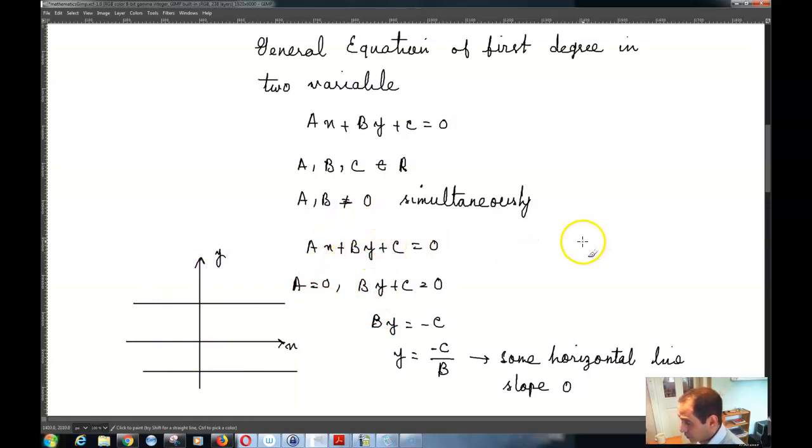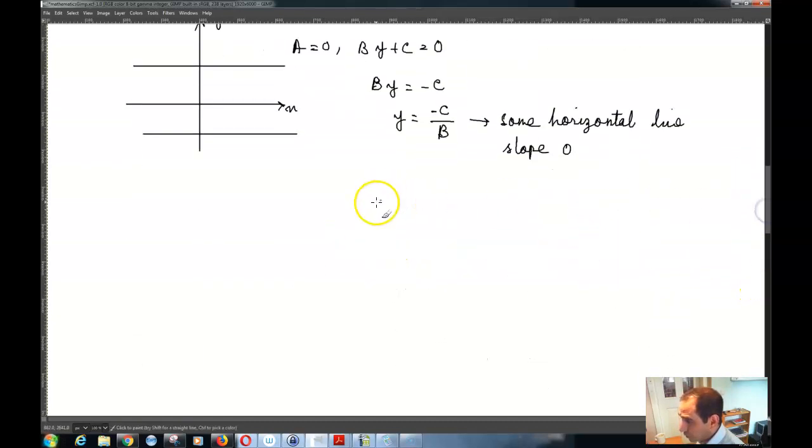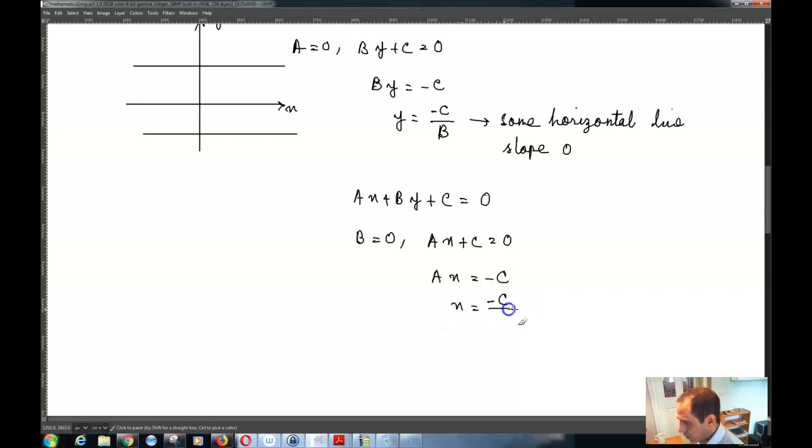If b is equal to 0, then if you have ax plus by plus c is equal to 0, now with b equal to 0 you have ax plus c is equal to 0, or ax is equal to negative c, or x is equal to negative c by a, which is basically some vertical line, for example, over here.